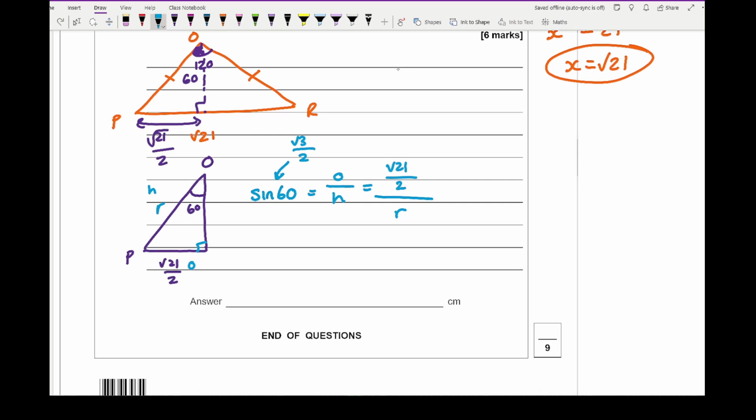So what I end up with, and I'll do this over here, is root 3 over 2 equals root 21 over 2 all divided by R.